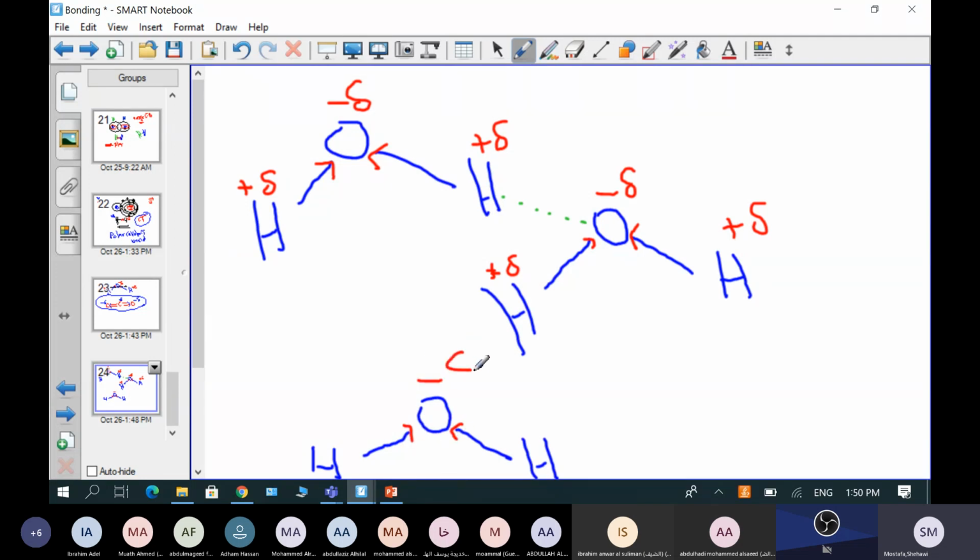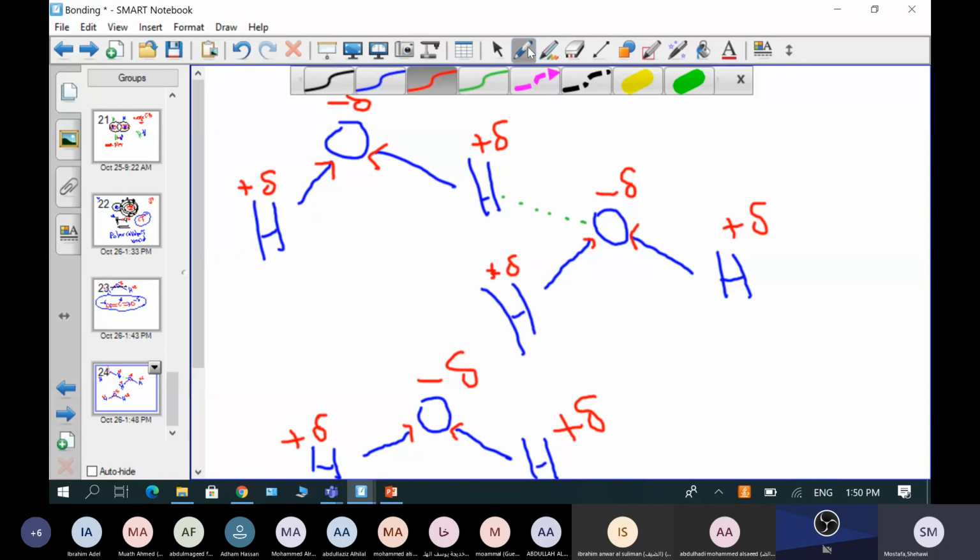So this will be negative charge, and this will be positive charge, and this will be positive charge. Okay, and the attraction force arises between what? Between the negative charge on oxygen in one molecule and the hydrogen in another molecule. So this will be the hydrogen bond.